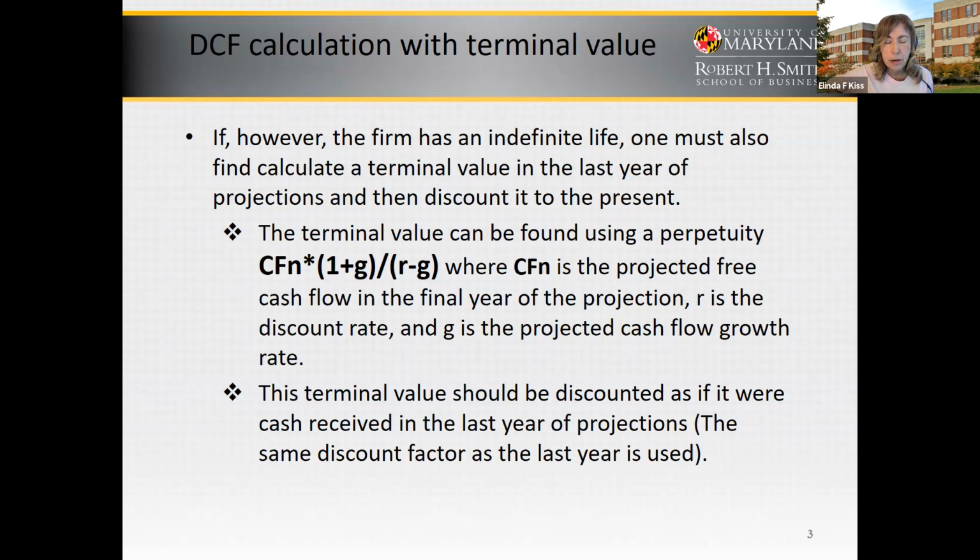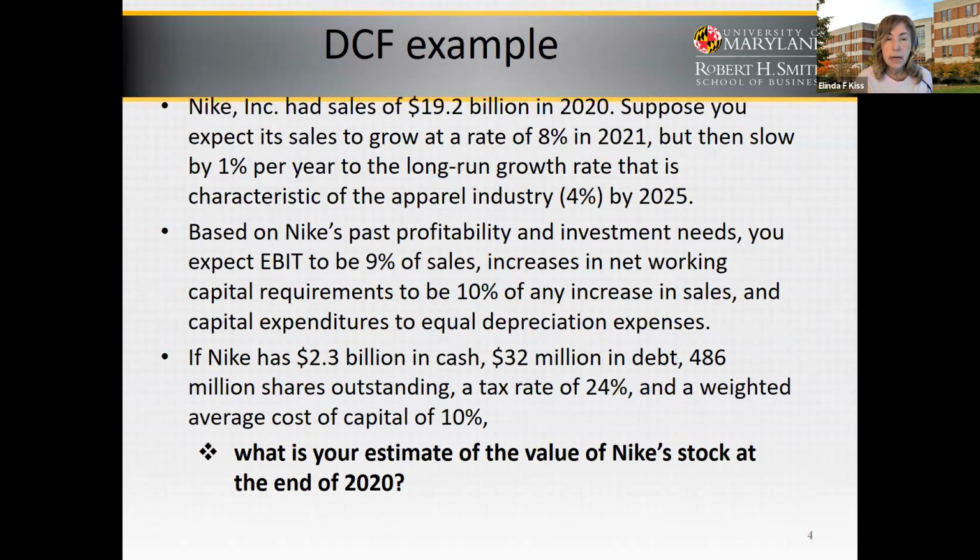That should be a familiar formula for you, how we value a stock that has non-constant dividends for a while and eventually constant dividends. Now, this terminal value would be discounted as if it were cash received in the last year of projections. So you can pause the video right now to read the example here.